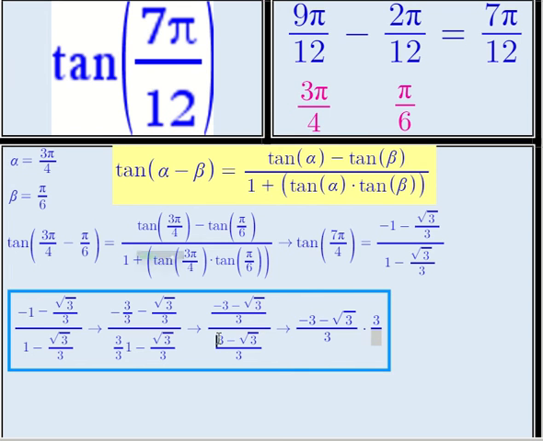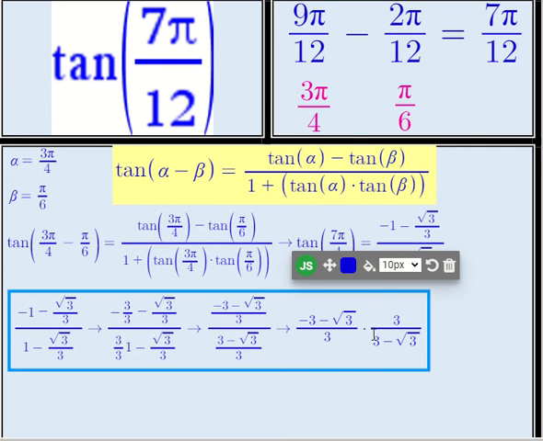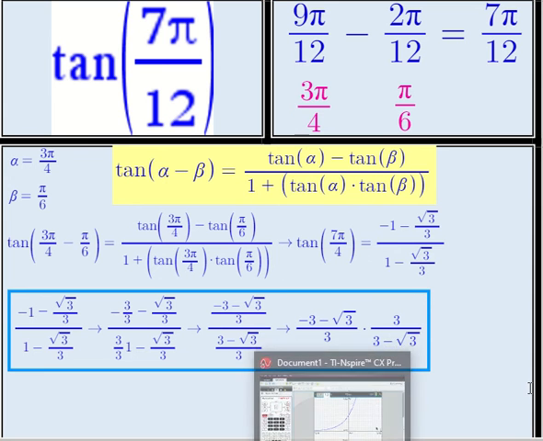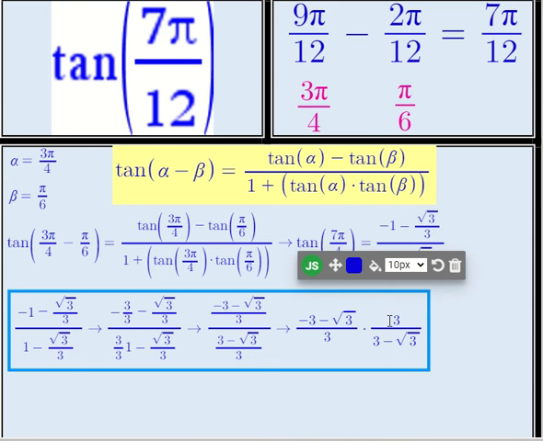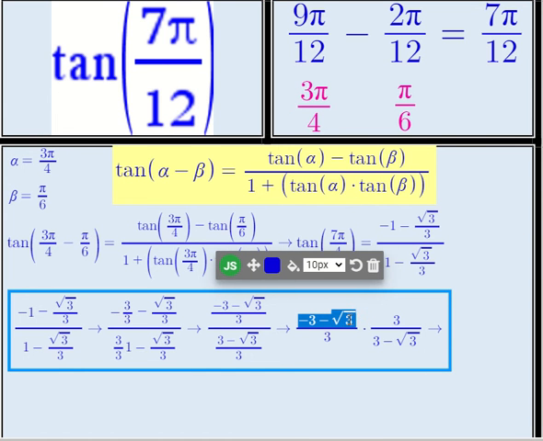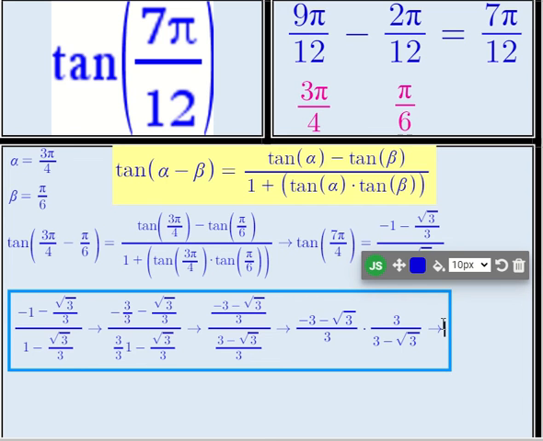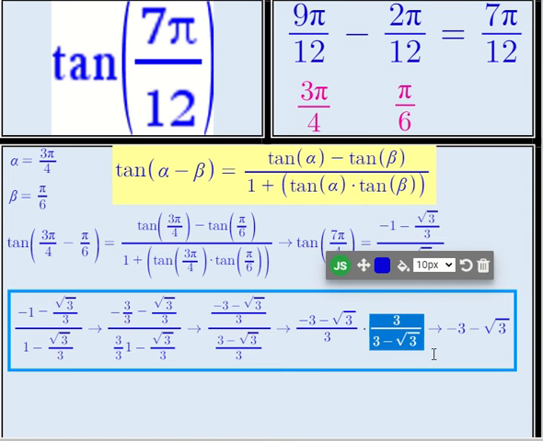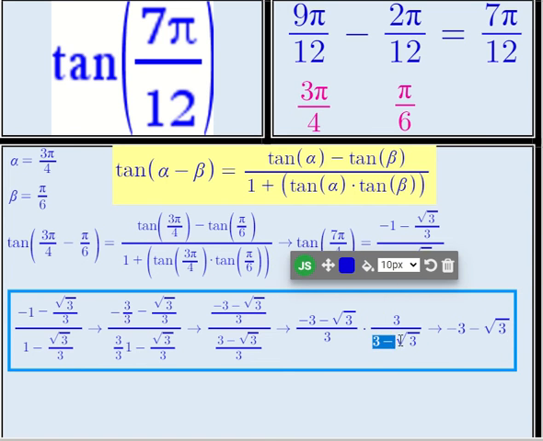So 3 divided by 3 minus radical 3. And the nice thing about this is these two threes, 3 over 3 is just 1. So we're left with this numerator over this denominator.